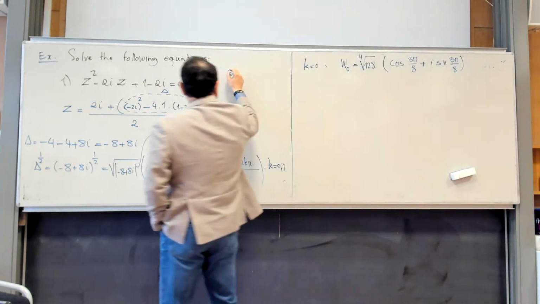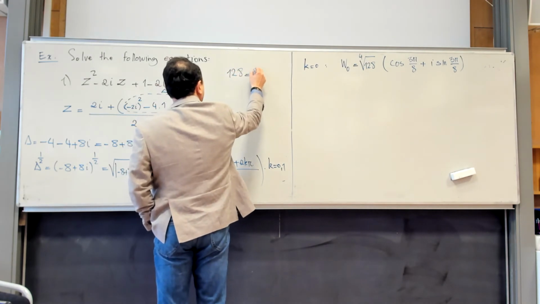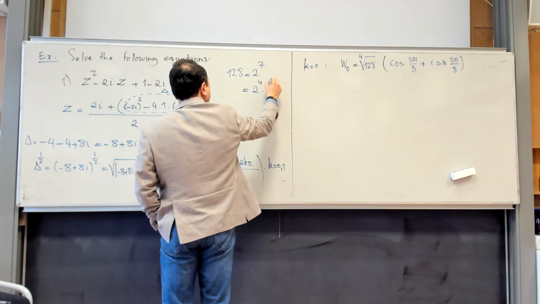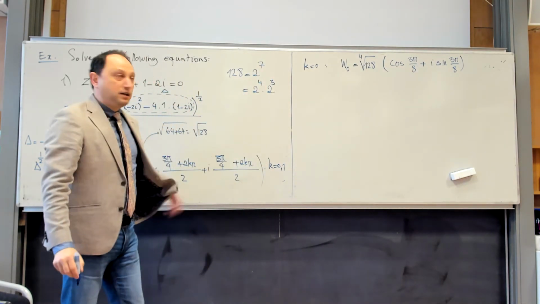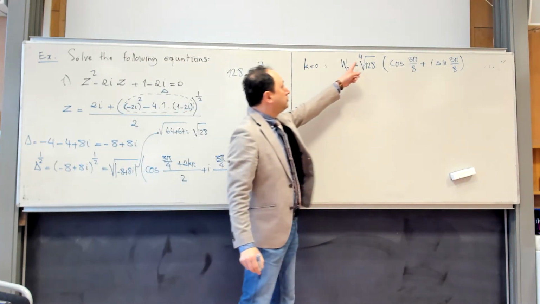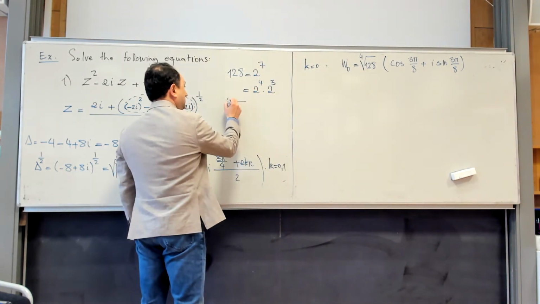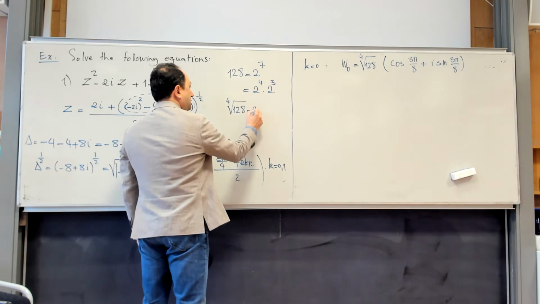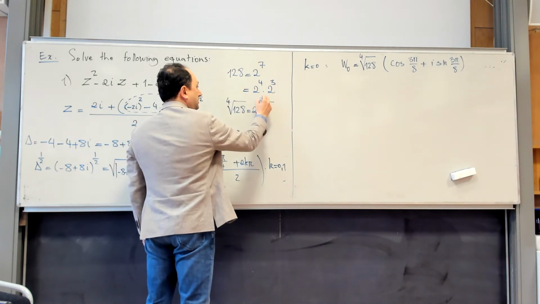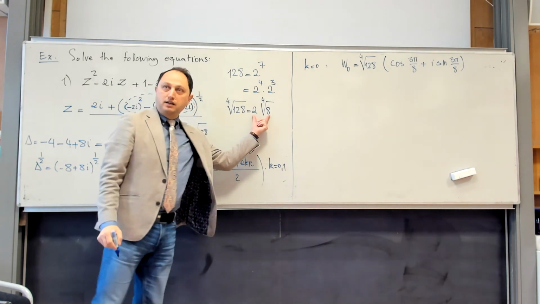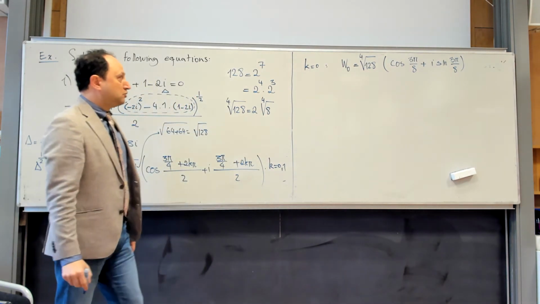These are good things to learn, yes? 128 is 2 to the power 7. 2 to the power 7 can be written as 2 to the power 4 times 2 to the power 3. But when I am taking the fourth root of this expression, 2 goes out, and this remains under the fourth root, which becomes 8. So a better way of writing that is 2 times the fourth root of 8.